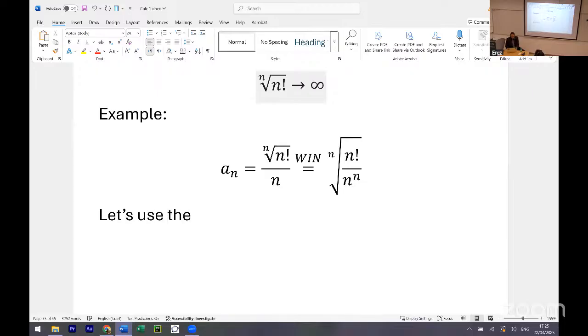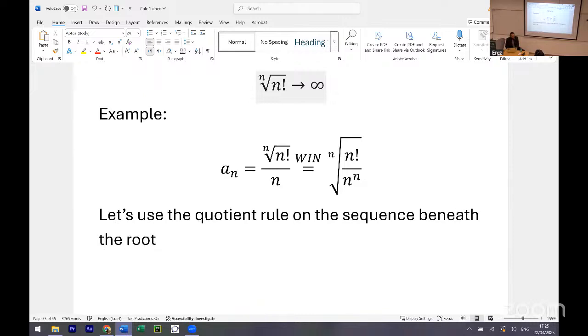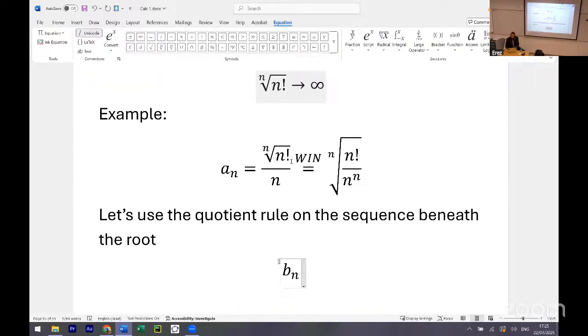Okay, so now let's use the quotient rule on the sequence beneath the root. Let's call it Bn, because now an is taken.